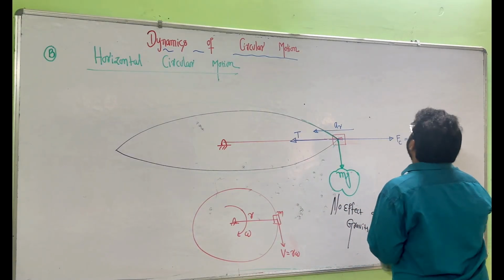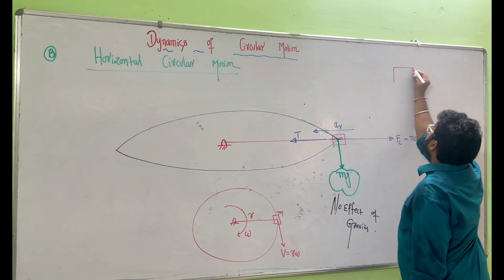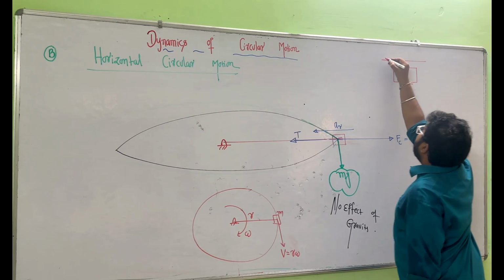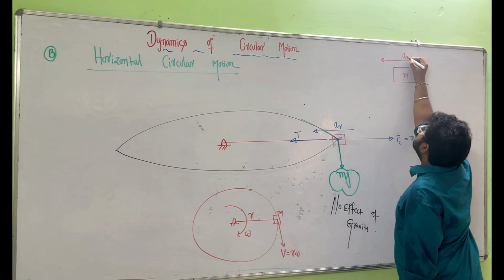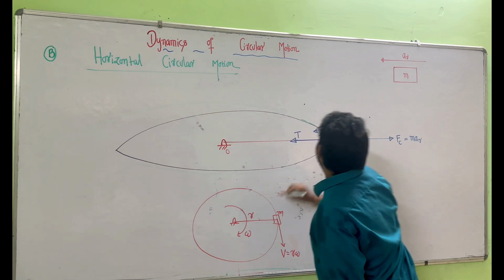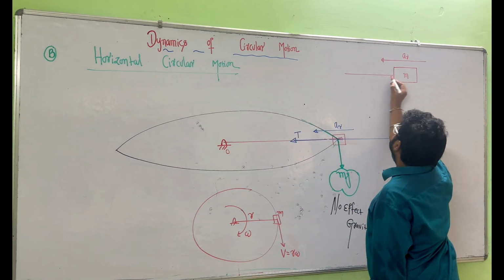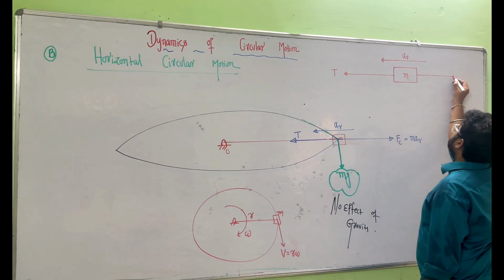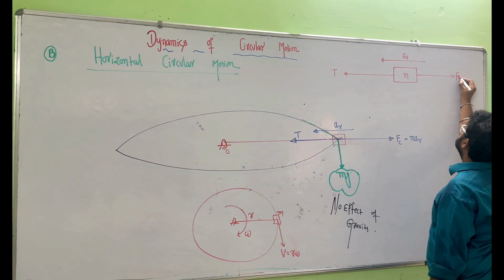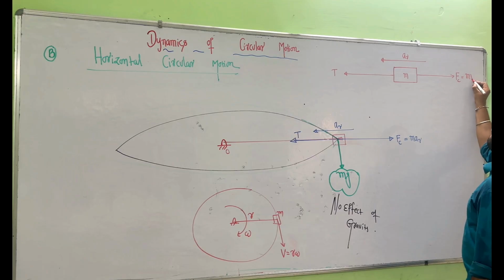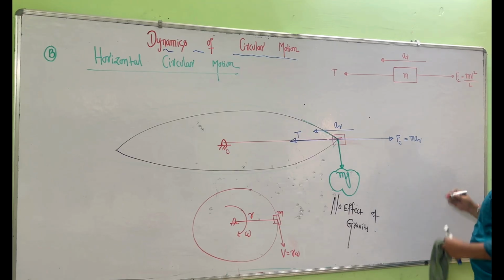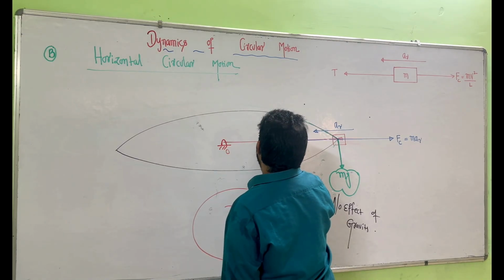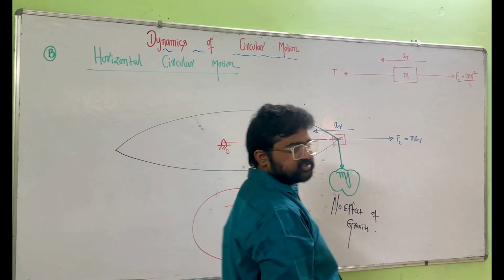Draw the free body diagram for this point mass: radial acceleration towards the center of circular motion, then the tension in the string. This is the tension in the string. Here this is the centrifugal force, mv square by L, or else m omega square L. R is the radius of circular motion, equal to the length of the string.